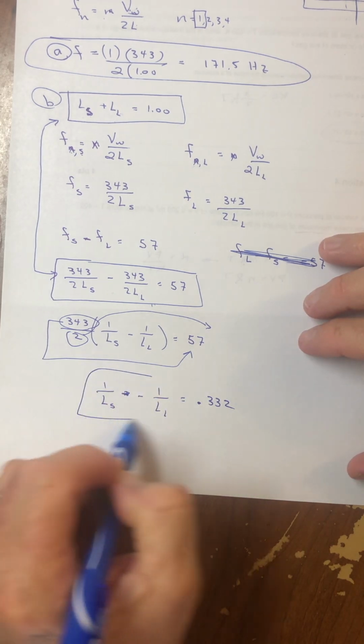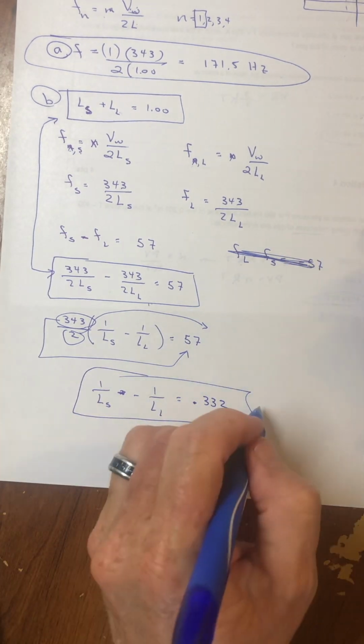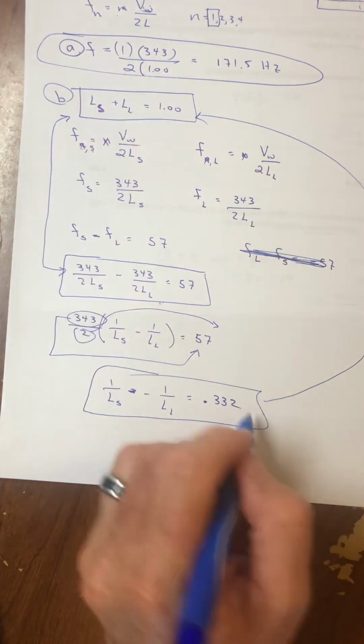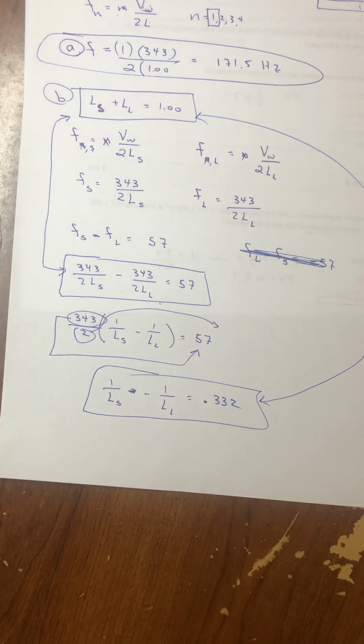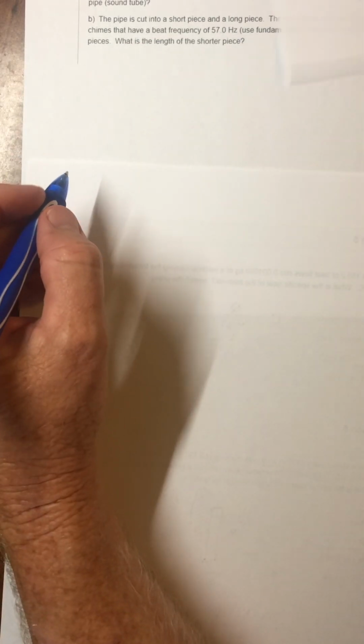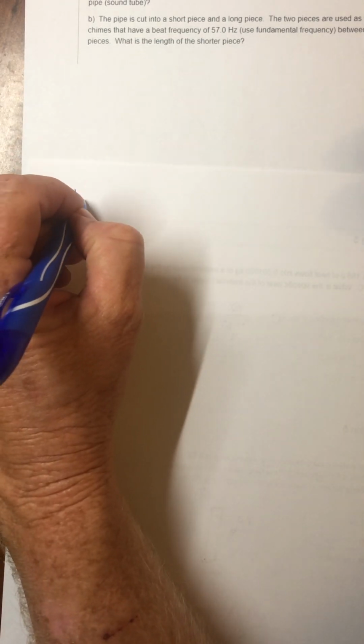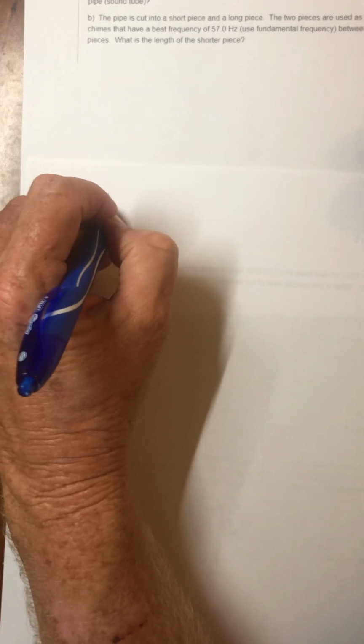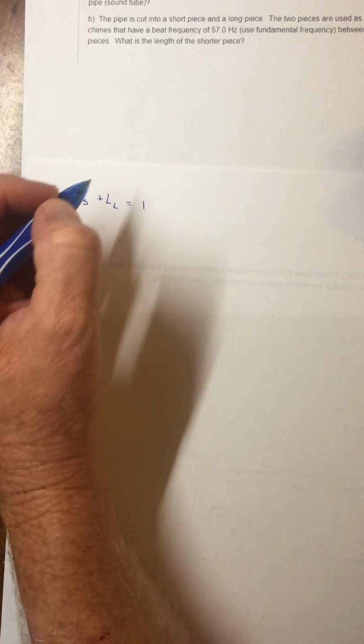And so that'll be a little bit easier equation as I head into the math step here. Okay, so let me get another piece of paper here. So my first equation is LS plus LL equals 1.